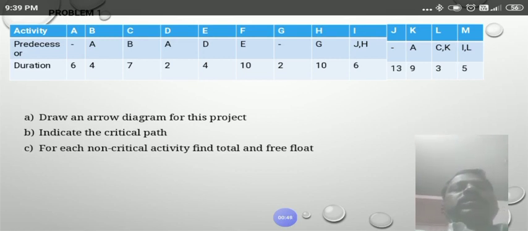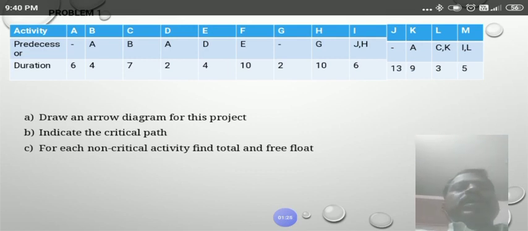And the durations: activity A is 6, activity B is 4, activity C is 7, activity D is 2, E is 4, F is 10, activity G is 2, the duration of activity H is 10, activity I is 6, activity J is 13, activity K is 9, activity L is 3, and activity M is 5.